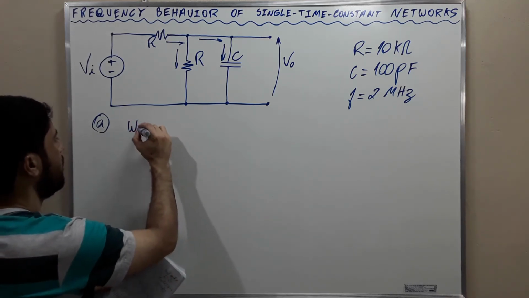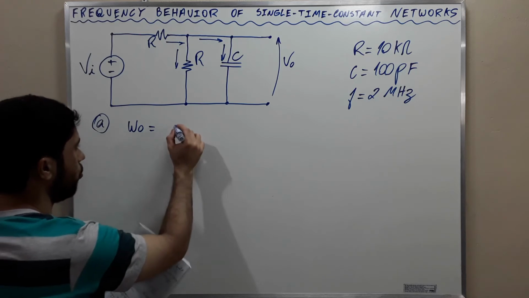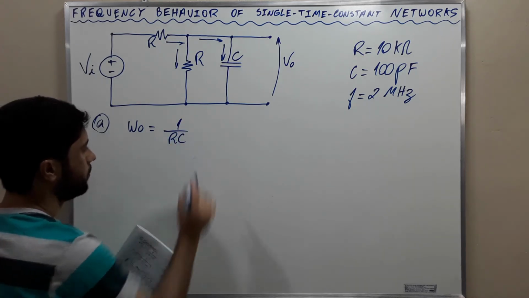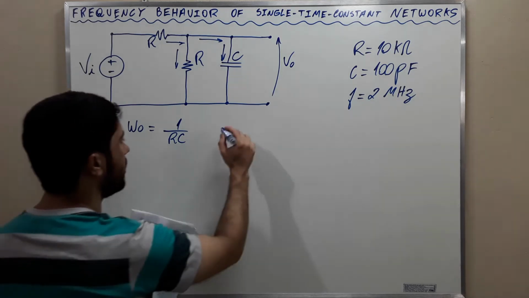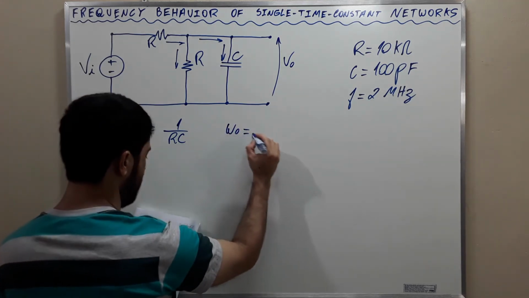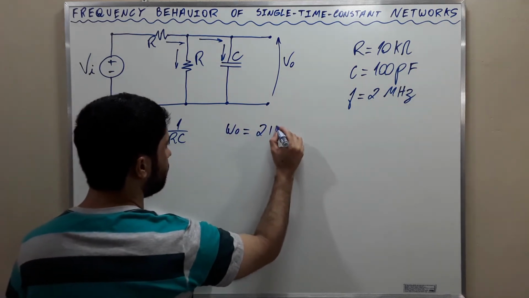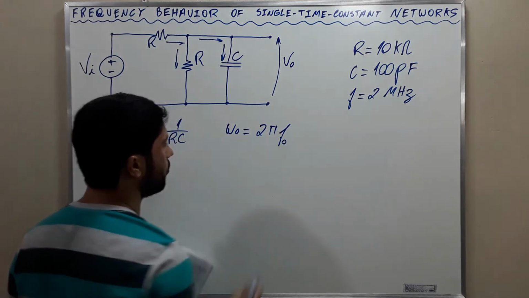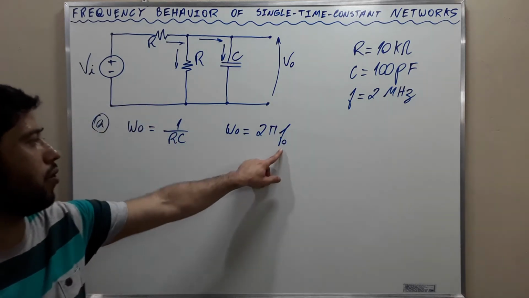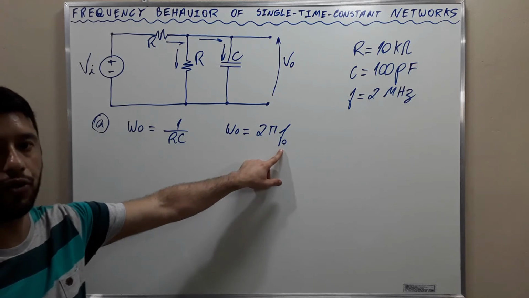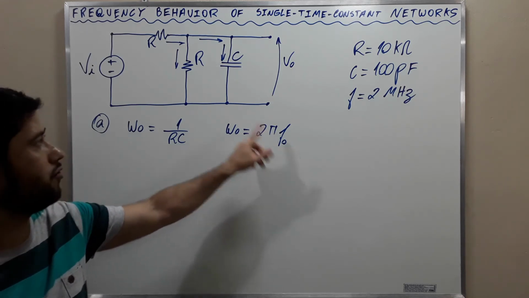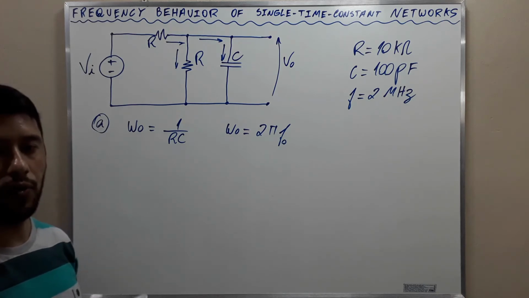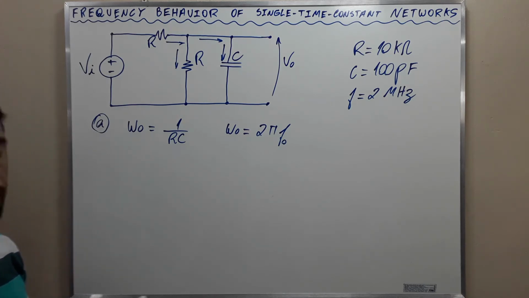Again, W0 is equal to 1 over RC. Okay? And we know that W is equal to 2 times pi times F0. Okay, this is the corner frequency that we're going to work with, the frequency at which the circuit starts attenuating the signal.